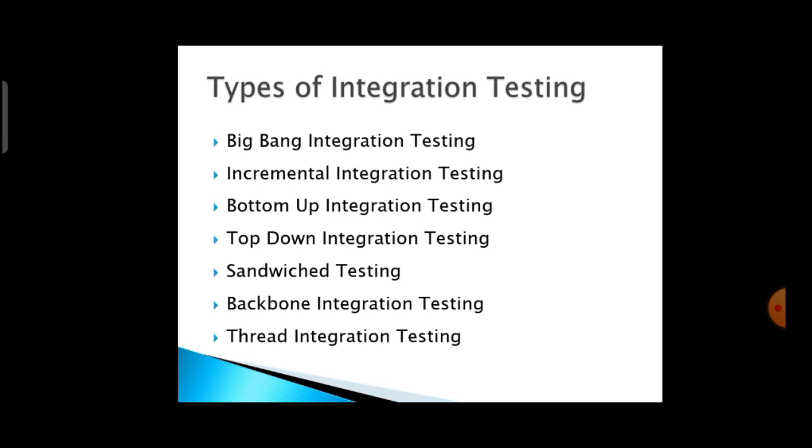And the next is backbone integration testing. This is almost the same as sandwich integration testing. The only exception is that here the backbone or the kernel modules of a system are tested together as Big Bang using the bottom-up testing approach.